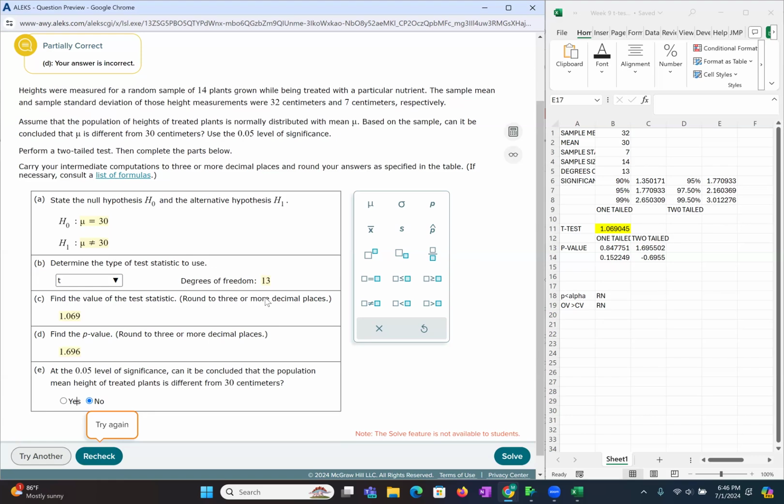You're 1.771. I said, was it 1.771? Okay, so you're going to change this to 1.771. All right, let's check that. No.